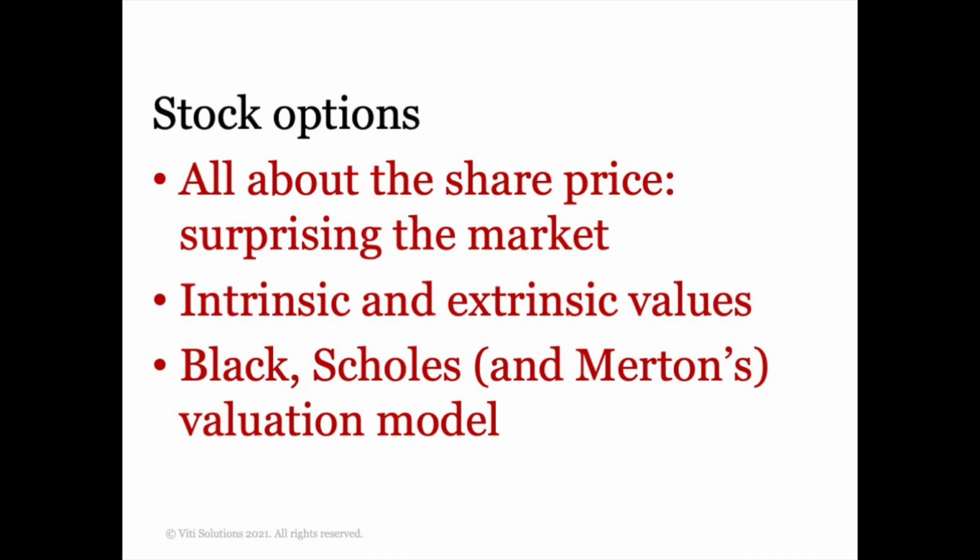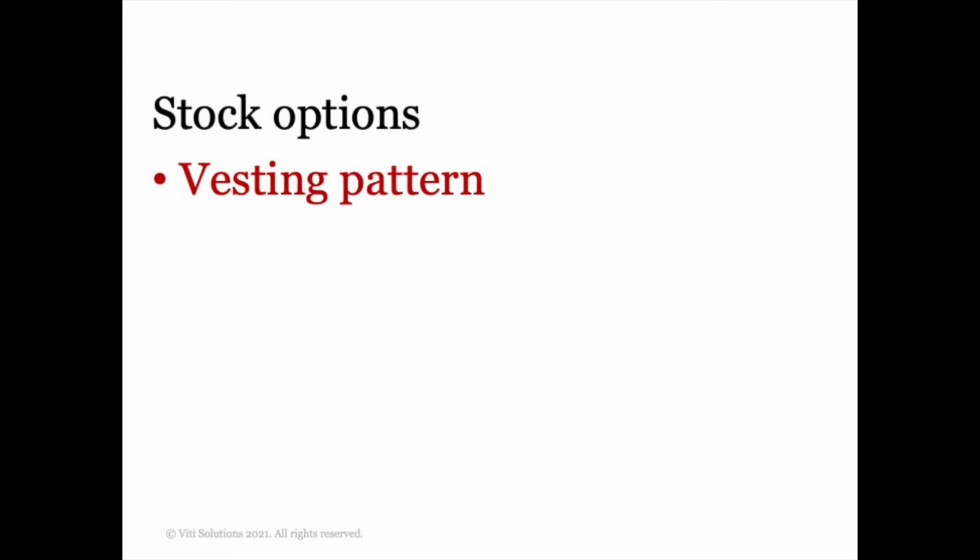But coming back to it, it's all about the share price. It's all about then surprising the market, and how we then design around this is relatively simple, because there's a simple message to the participants about this: getting the share price up. And the first thing we need to look at is the vesting pattern. So does the option vest immediately?